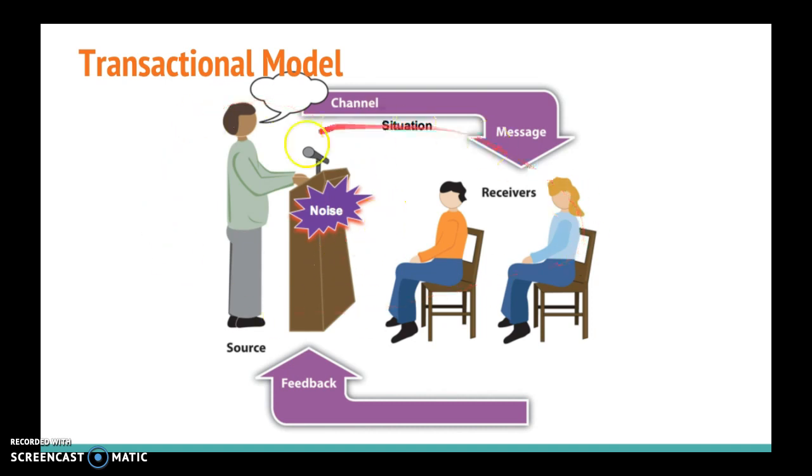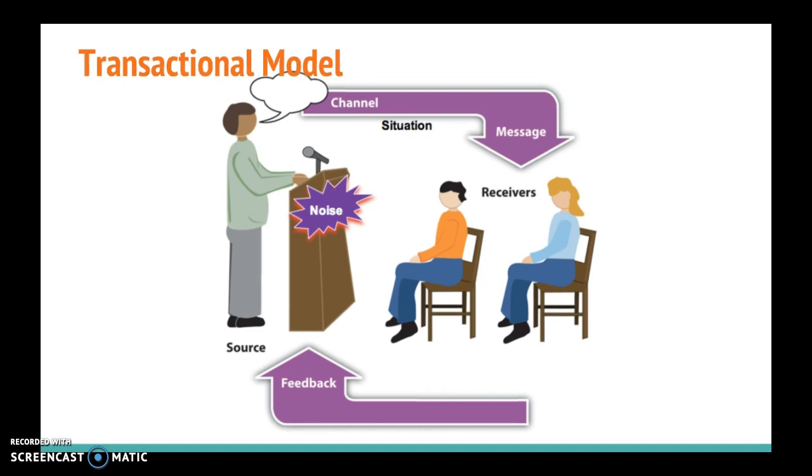So in this situation, where the speaker is at a lectern with a microphone, let's say that the microphone stopped working. That would be a form of noise because it's anything that stops the message from being received. If the microphone stops working, suddenly the source can't be heard by the receivers.